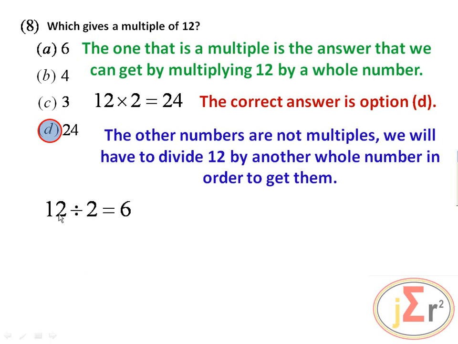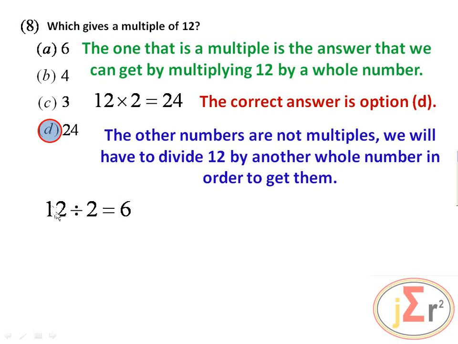So we have 12 divided by 2 and the result is 6. So what do we say about this? Remember, we say that when we multiply 12 by 2, the result is 24. So 24 is a what of 12? A multiple. Right, 24 is a multiple of 12.